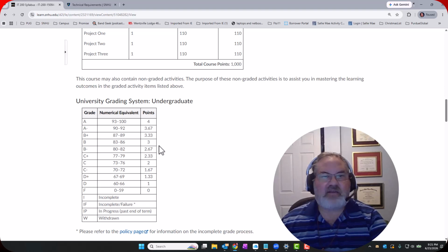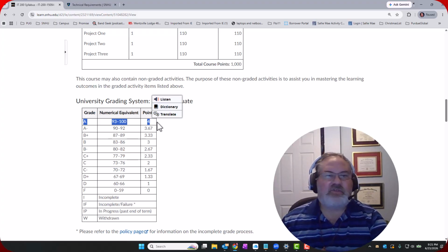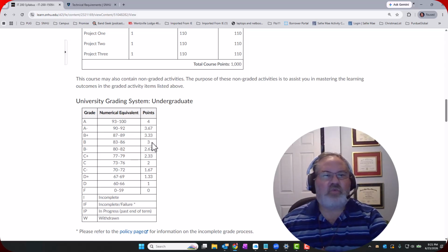SNHU is not a school that I have to grade on a curve for, which is wonderful, meaning that everyone that turns in work can get credit. So I don't have to scale it down, which means that's wonderful. So whatever grade of work you turn in is the grade you will receive at the end.